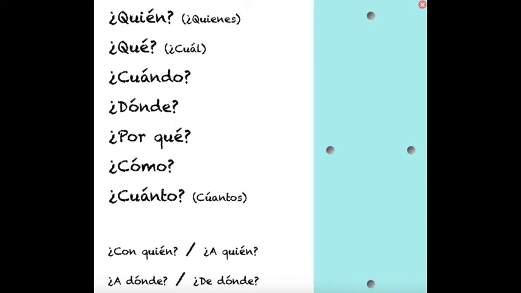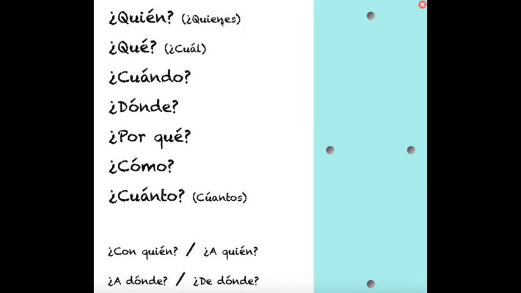Otra vez, las palabras de pregunta van quién o quiénes. In Spanish, you can make question words plural. So if the subject is, who is your friend, as opposed to who are your friends, ¿quiénes son tus amigos? Or simply, ¿quién es tu amigo? Who is your friend?